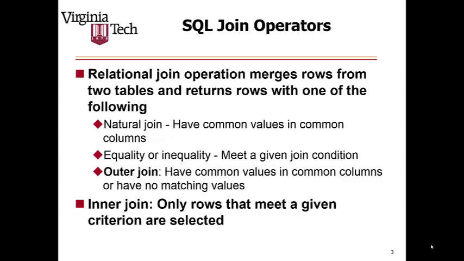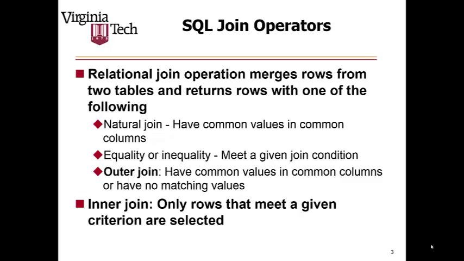An inner join is the one we deal with almost 90% of the time, probably, and that's where the values of the primary key match the values of the foreign key.